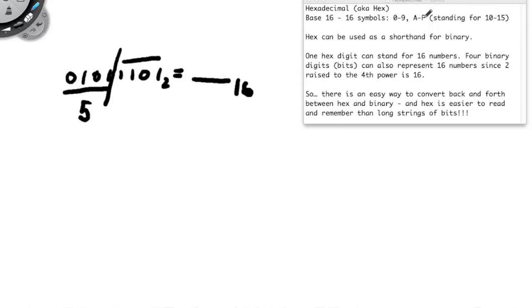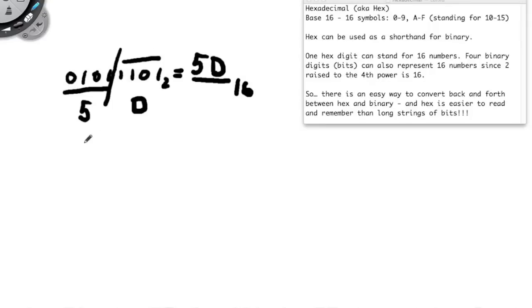That would be a D. So this is represented by D. So the hex number that encodes the same number as the binary is 5D hex. And the way we converted from binary to hex is by grouping the binary number into groups of 4 bits starting from the right and turning each into just 1 hex digit.